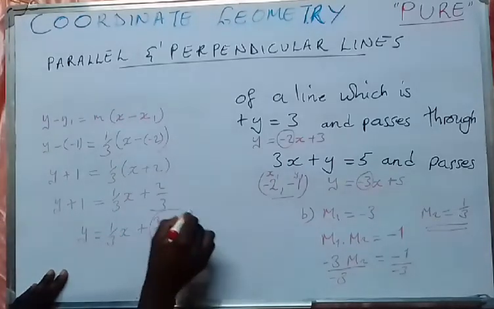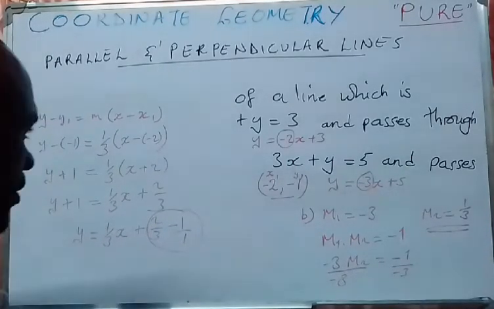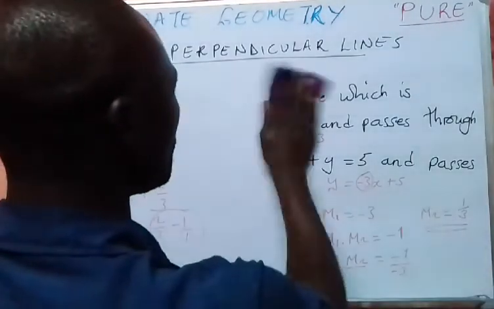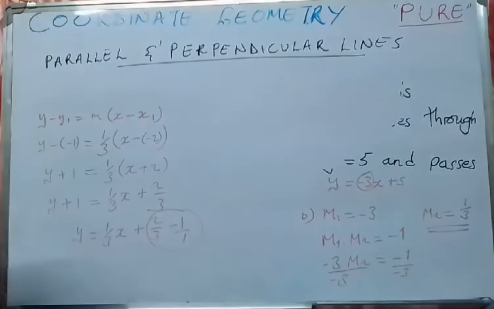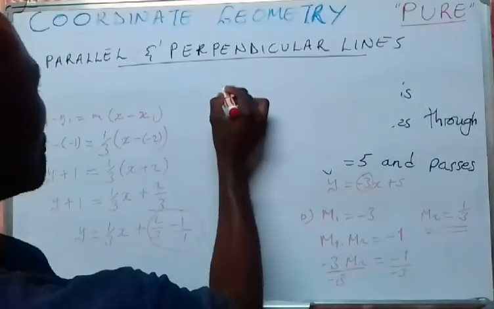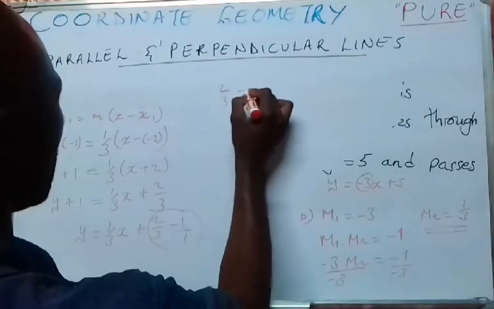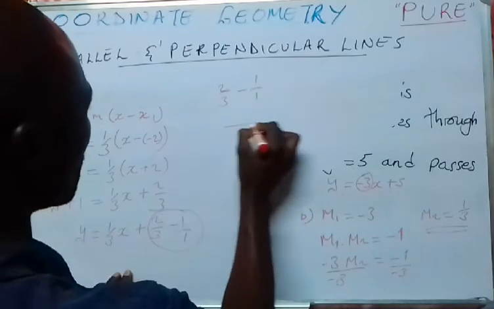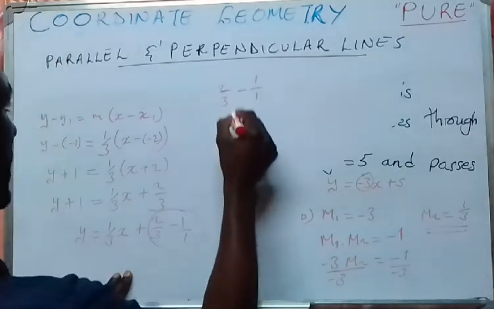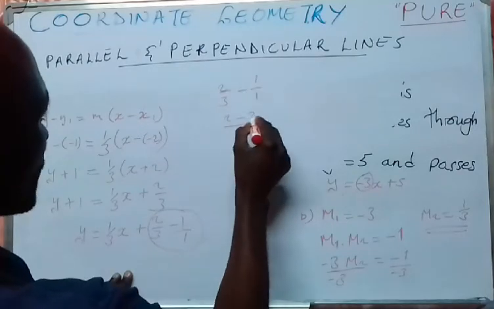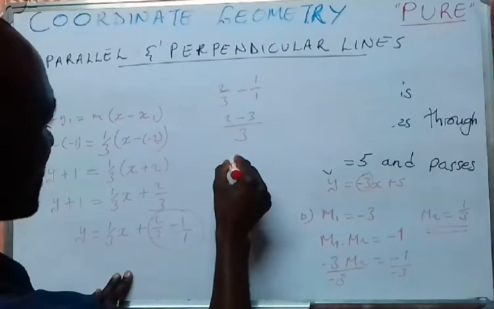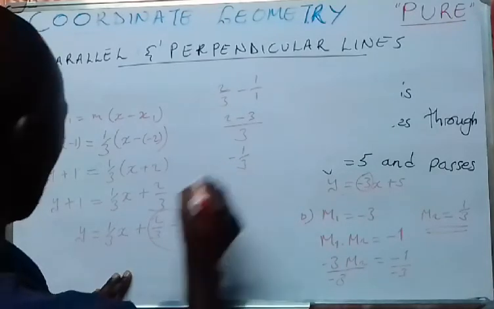Working out 2 over 3 minus 1 over 1, common denominator 3: 2 minus 3 will be negative 1 over 3.